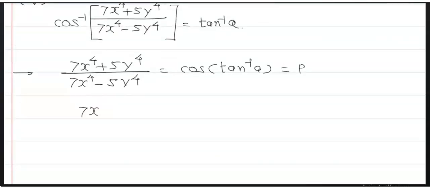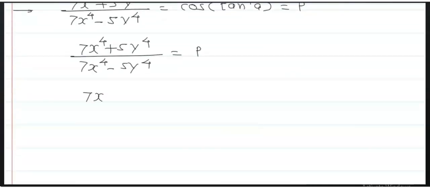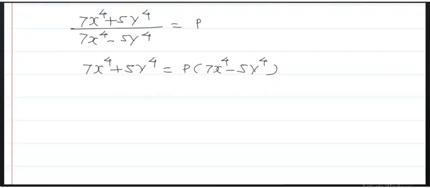Again, make the cross multiplication. That is 7x raised to 4 plus 5y raised to 4 is equal to p into 7x raised to 4 minus 5y raised to 4. Collect the terms of x raised to 4 and y raised to 4 on different sides.